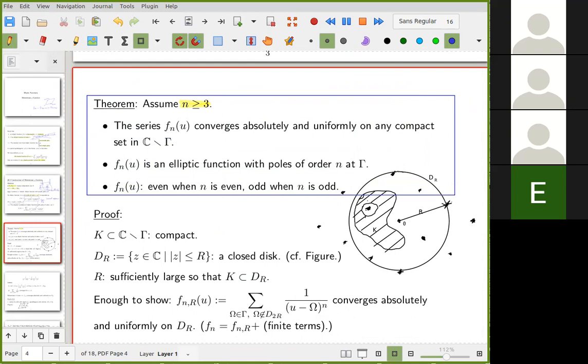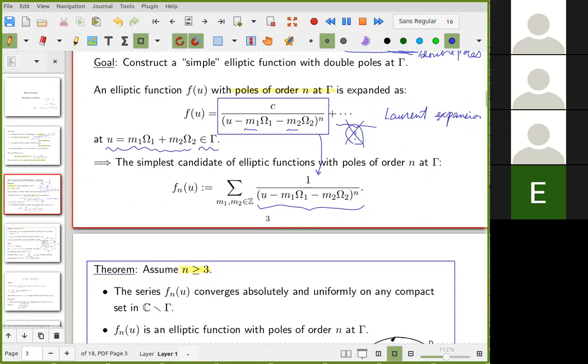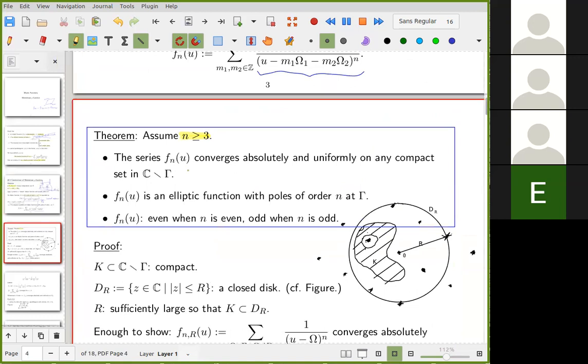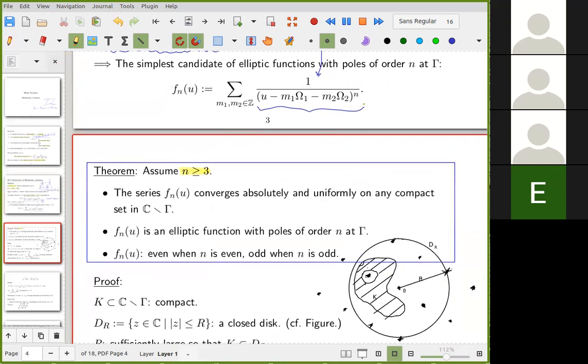First, since this definition is a series, we need convergence. And actually, this series converges in a very nice way, namely absolutely and uniformly on any compact set in the complex plane except at lattice points.